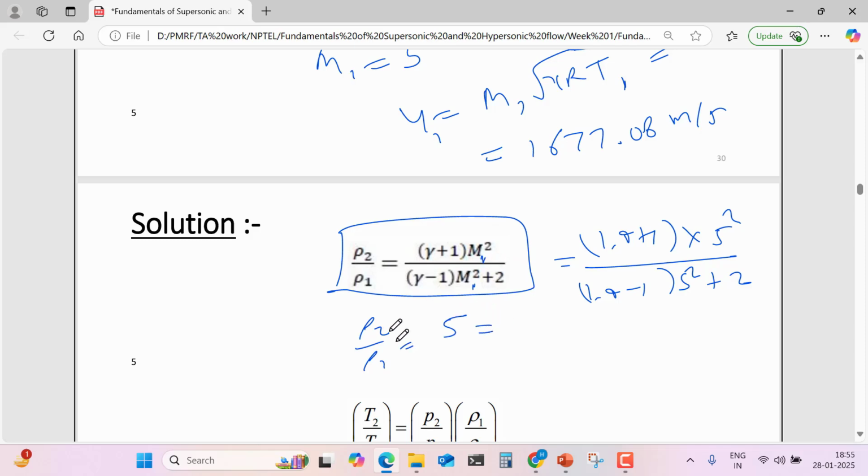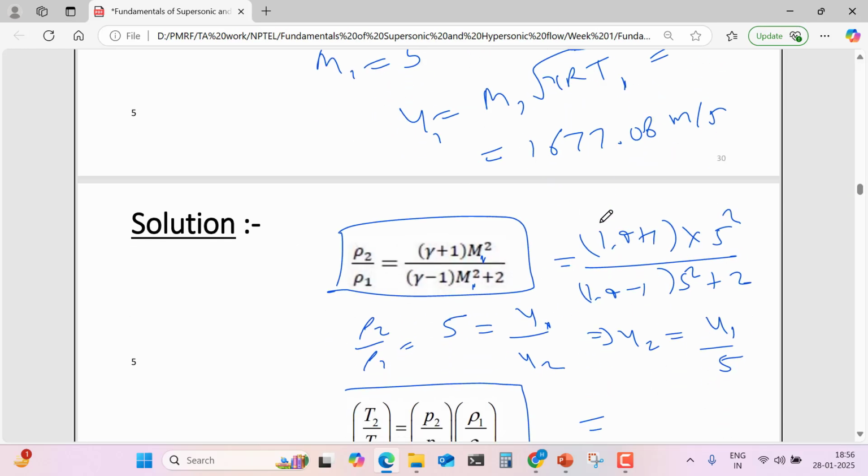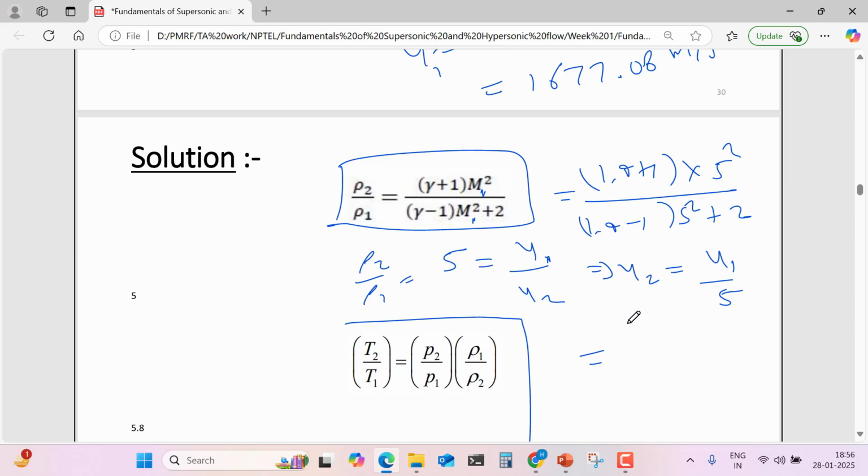And according to continuity, rho 2 by rho 1 equal to u1 by u2. So u1 by u2 equal to 5. So we will get u2 equal to u1 upon 5. u1 was 1677.08, so u2 will be 335.416 meter per second.